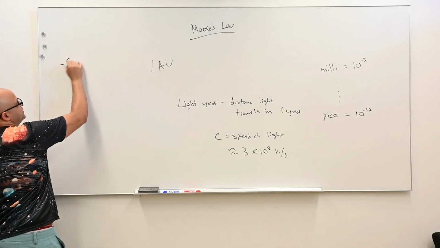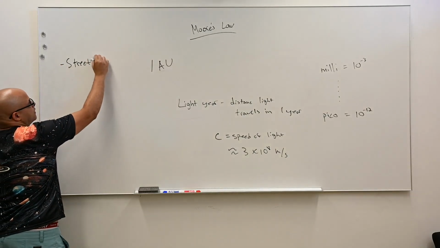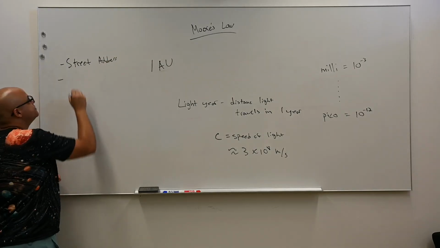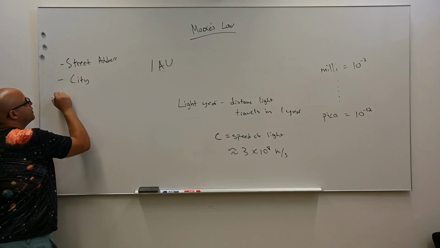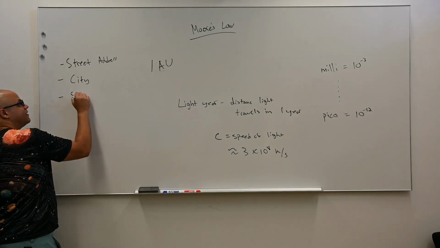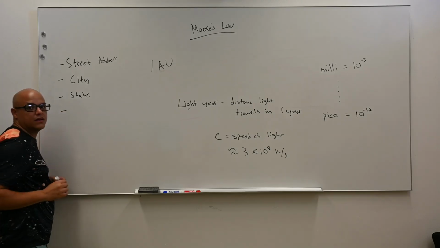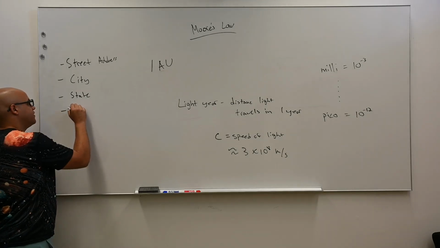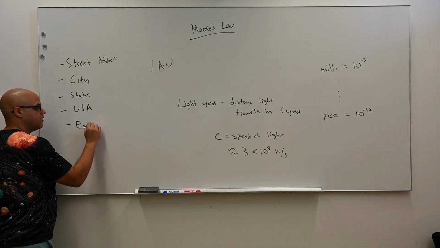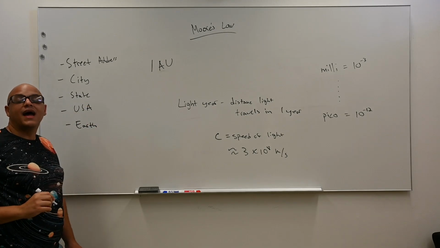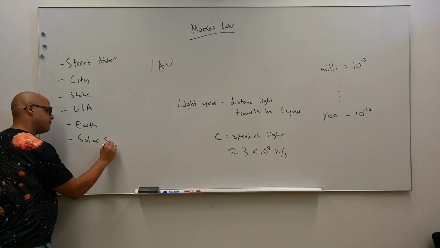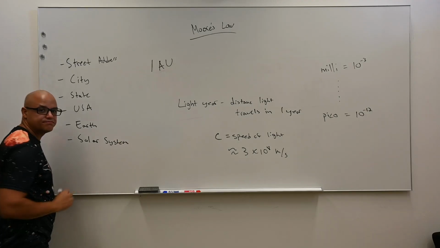You'll have your street address, city, you'll have your state, you'll have your country, and Earth, and you'll have the solar system, our specific solar system.